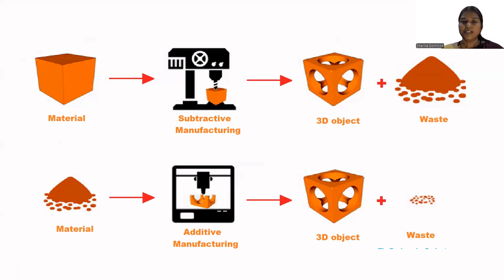So we already specify the dimensions of the product, and we start building the product layer by layer, starting from the base layer. What happens here is we have designed what exactly we want, and only those areas begin to be created in the product. So this avoids removal of unnecessary elements. Hence, quite few elements remain as wastage.